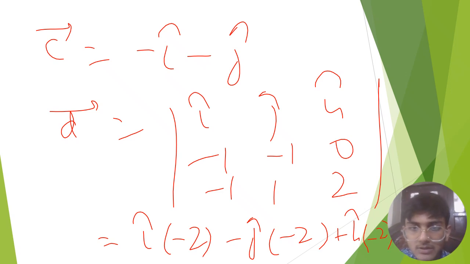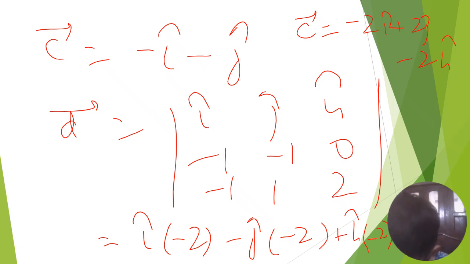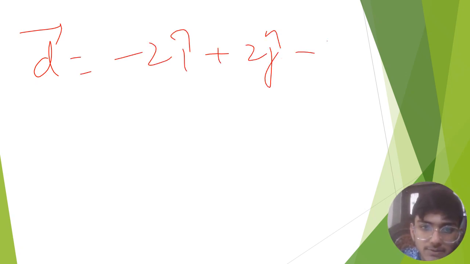Okay, so it is coming out to be -2 i cap plus 2 j cap minus 2 k cap. This is your C vector. D vector, sorry, my bad. -2 plus 2 minus 2. Okay, so D vector is -2 i cap plus 2 j cap minus 2 k.